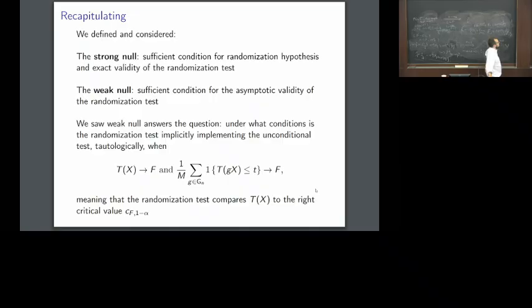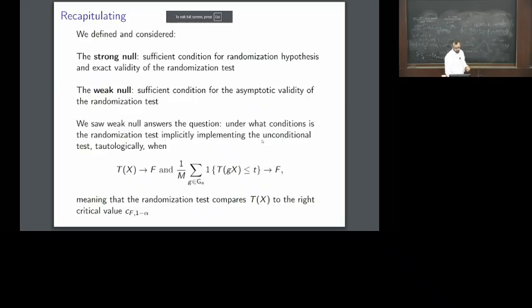Okay, so recapitulating, we have this notion of a strong null. It's a problem-specific sufficient condition for the randomization hypothesis. It guarantees exact validity of the test. The weak null is a sufficient condition for asymptotic validity of the randomization test, and we have this recipe: whatever makes your PCLT and Lindeberg-Feller CLT match. And then by being a bit clever, for instance, as we'll see tomorrow, by studentizing procedures, we are able to weaken the weak null.